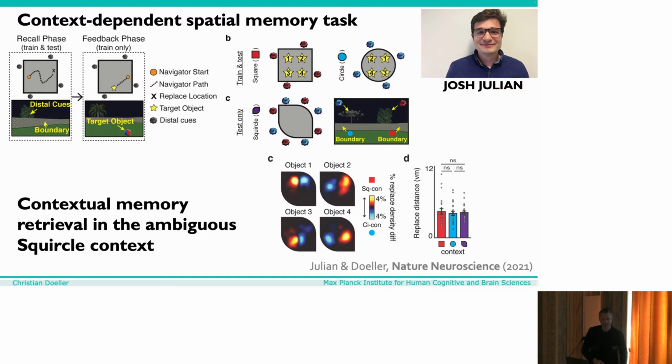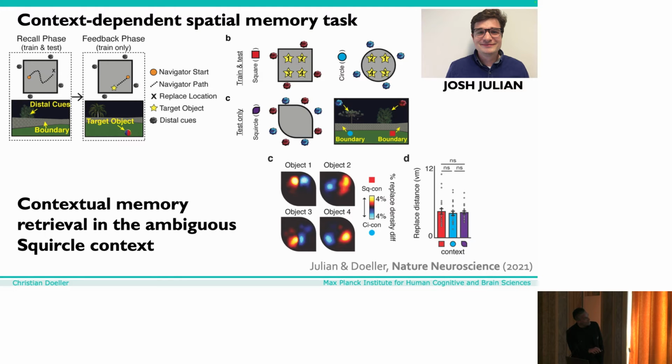When we then look at the performance in the squircle environment, what you see here are response density plots where we present the responses of all participants for these four different objects in the squircle environment. You see that two response locations emerge. It's a bit like place fields.